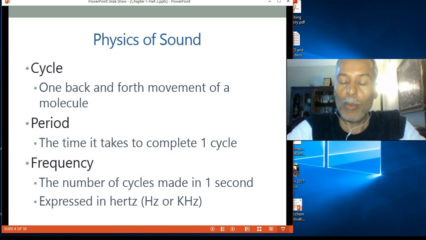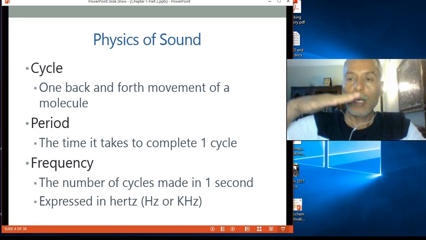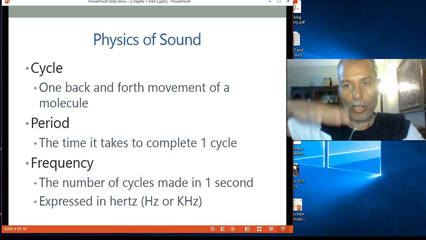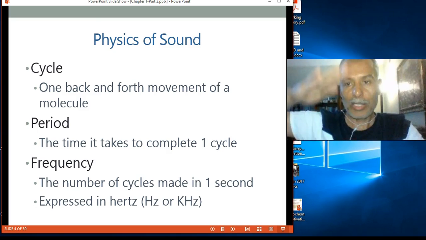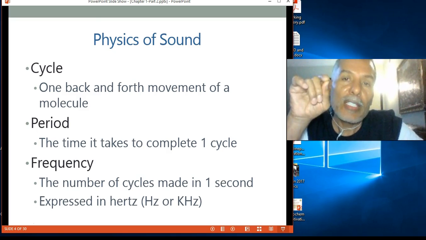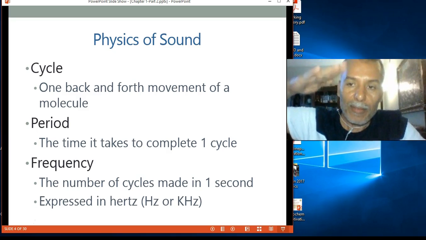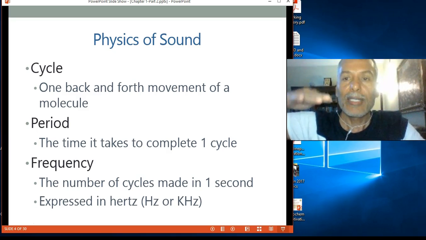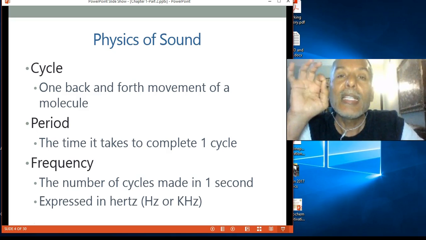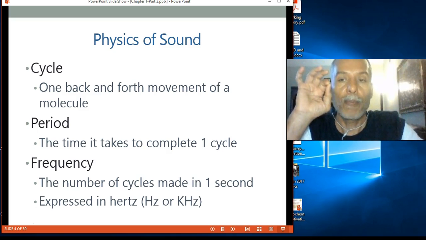For human beings, if something vibrates 20 times per second, and you have perfect hearing, that is going to make a sound that you can hear. But it will be, of course, the faintest sound that you can hear.